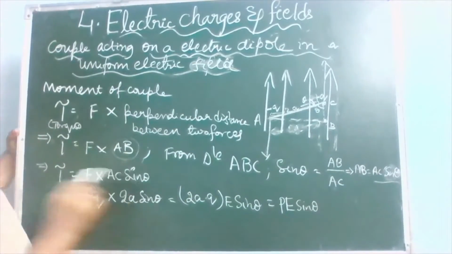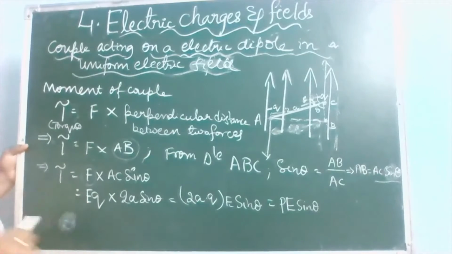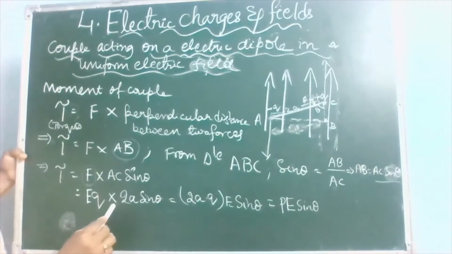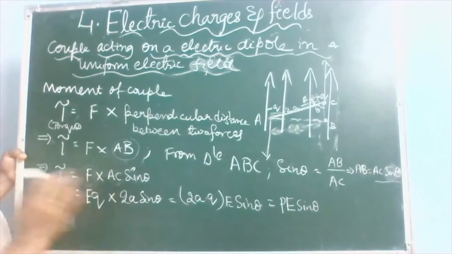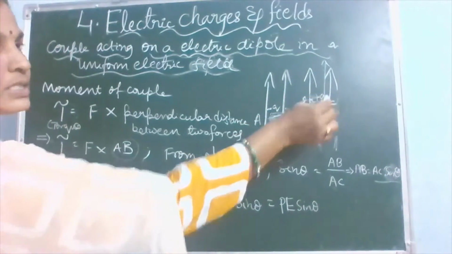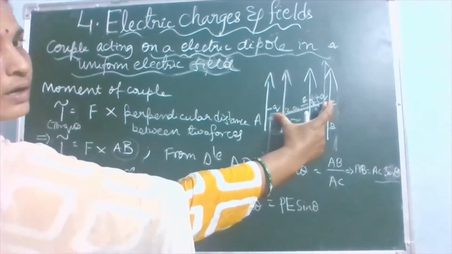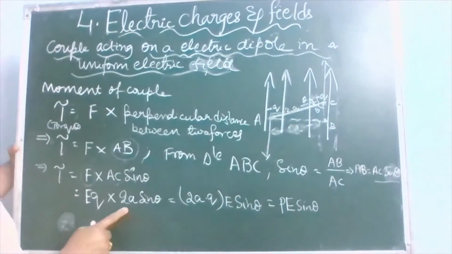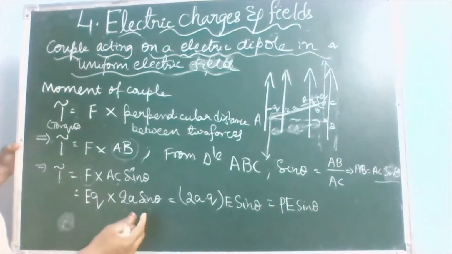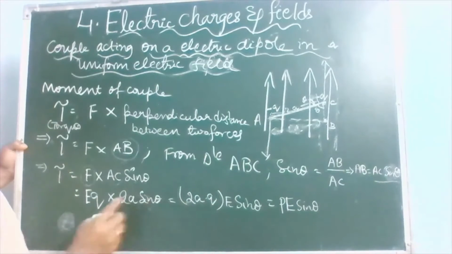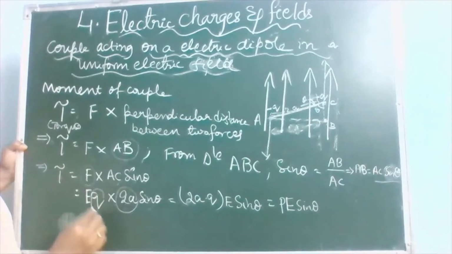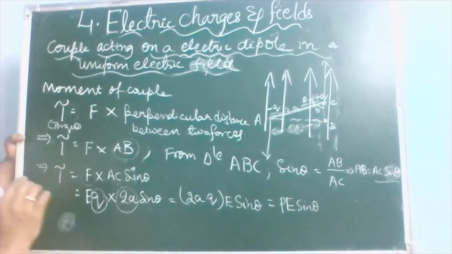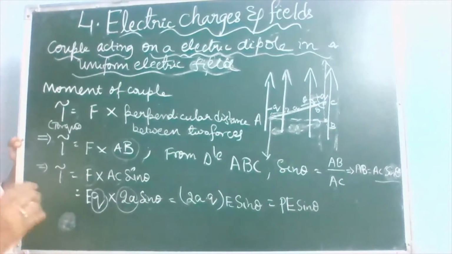So F equals E into Q, electric field intensity into the charge, into AC, which means 2A sin theta. Why? Because AC is the distance between the dipole, which is separated by a distance 2A. So 2A into sin theta. Separately, if we write it like this, 2A into Q, E into sin theta. 2A into Q means, I already told you, the dipole moment.